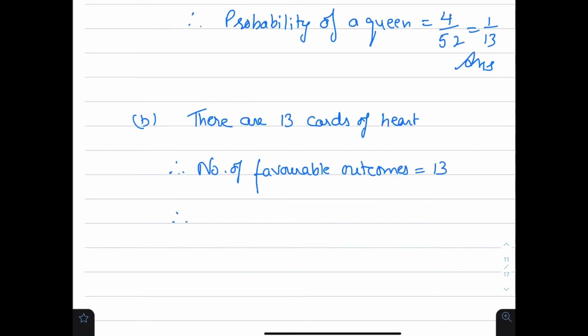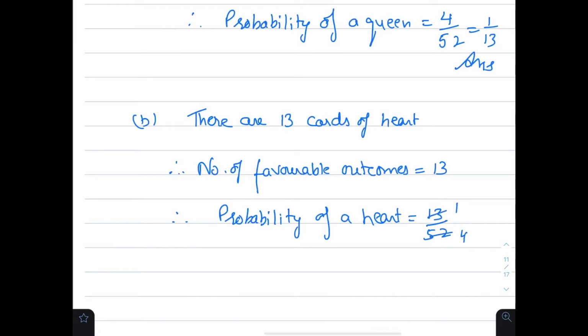Therefore, probability of a heart equals 13 upon 52. This is equal to 1 by 4.